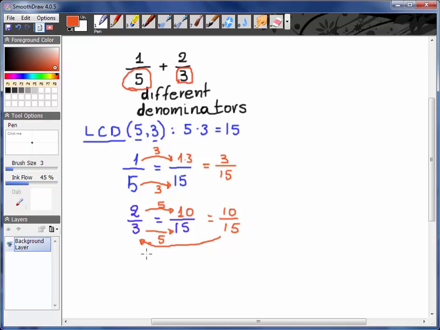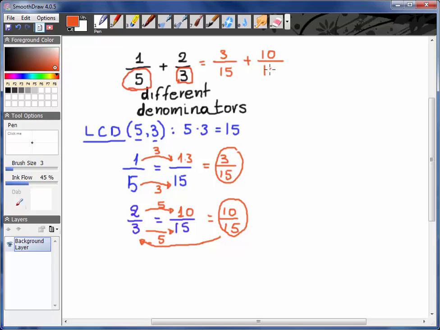So instead of adding up the first fractions, 1/5 and 2/3, you add the two equivalent fractions, 3/15 and 10/15. So this addition will be changed to 3 over 15 plus 10 over 15.